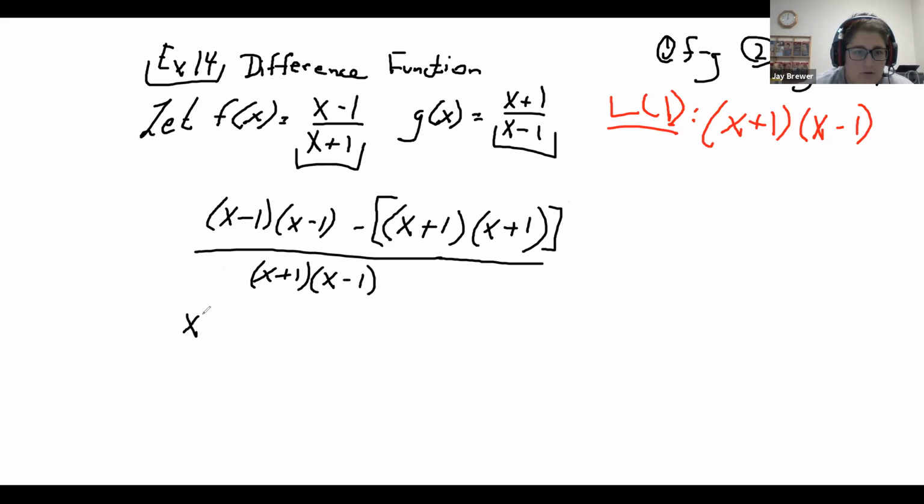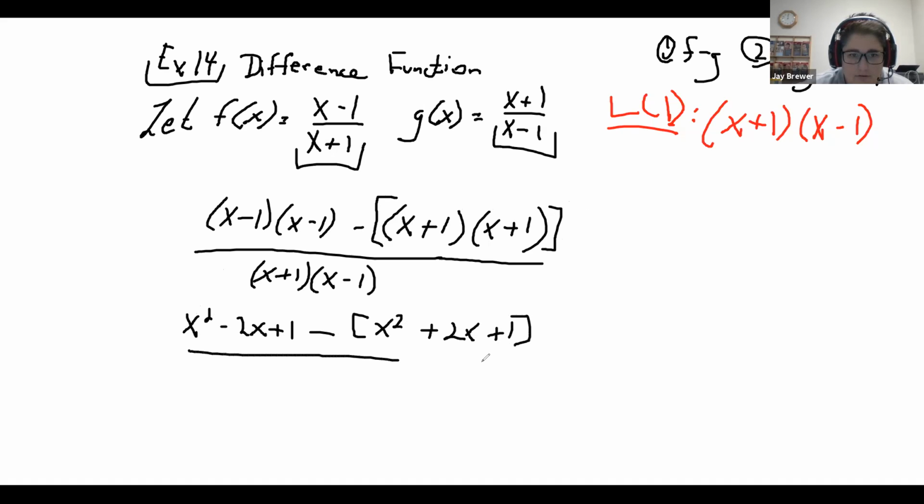All right, so when we FOIL, we get x squared minus 2x plus 1. And then we get x squared plus 2x plus 1. All over our LCD.